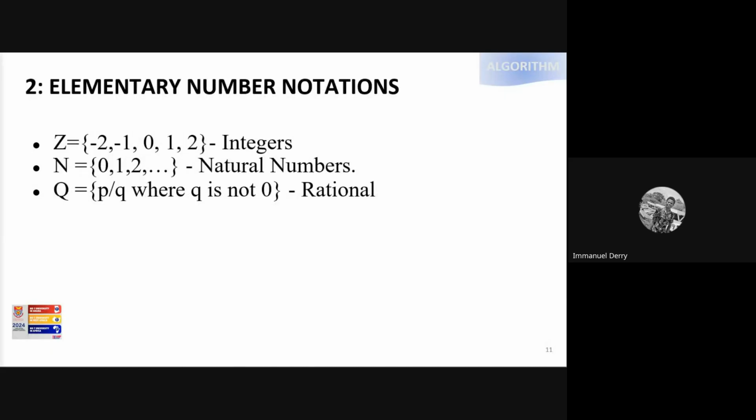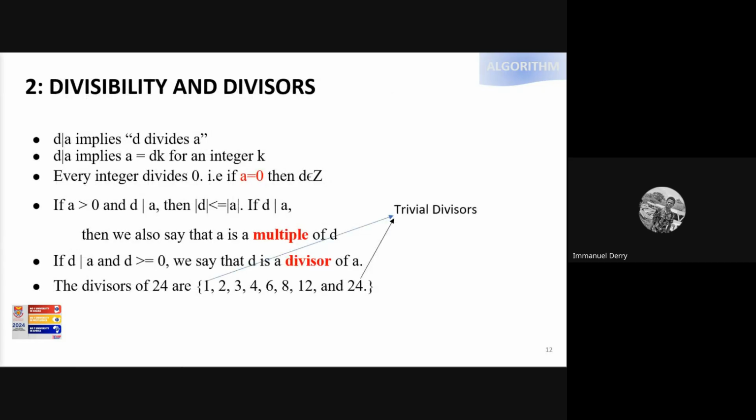For integers, natural numbers, rational numbers, all of us are very familiar with them, right? However, if you're not familiar with natural numbers or integers, you can just alert me and I'll pick someone to help you understand it. And also divisors and divisibility, we are all familiar with this.